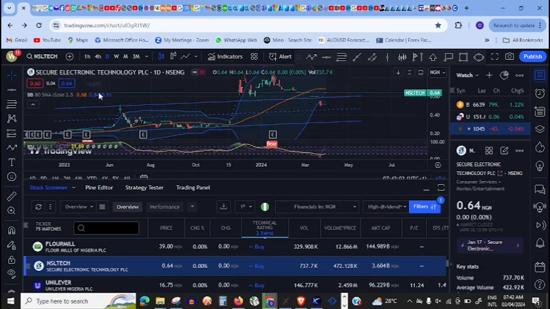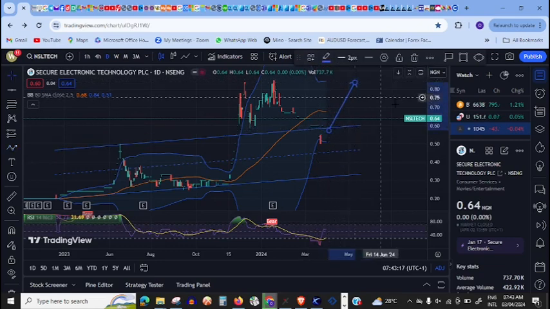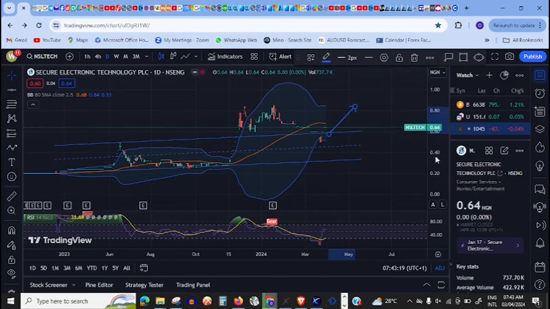That's Secure Electronics Technology, and I think this is a good buy for me if I can take this trade today. Taking it to the top of the band, and looking at the band again, the band closed up, so it expanded and it closed up, so there's higher probability that it's going to open up again when it touches this band.